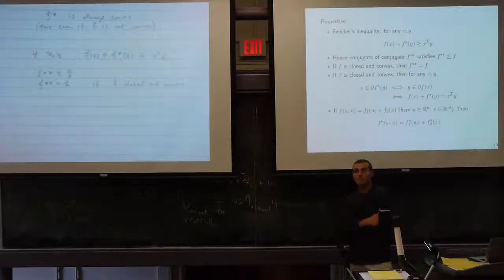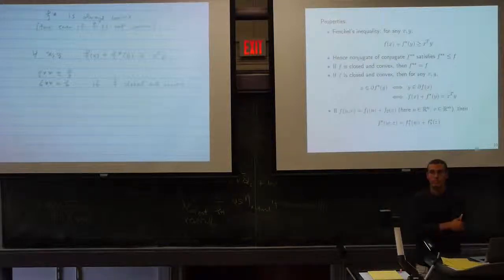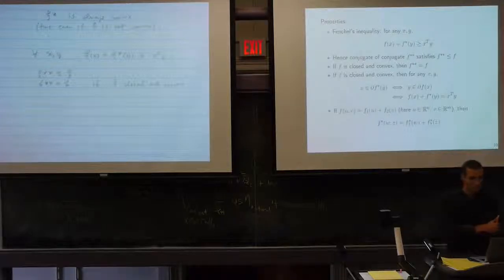Yeah? So isn't the conjugate just the dual of minimizing f subject to y transpose x being bigger than or equal to 0? It's a prescient question. The answer is yes. I didn't really listen to the details of what you said, but yeah, it is the dual of an optimization problem involving f, and that's why we like to think of it in this context. So we'll talk about that next, in the next slide or something like that.